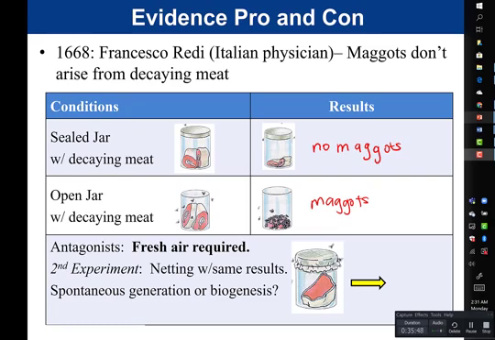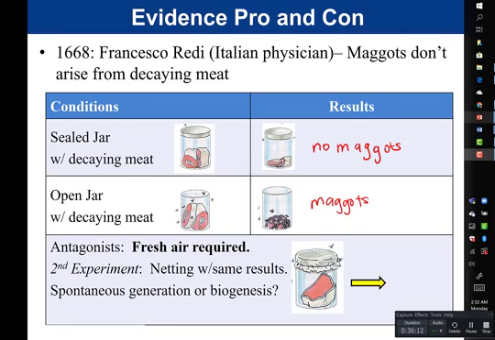So to squash that theory, he did a follow-up experiment, a second experiment, where instead of sealing it so no air gets in, he covered the top with a netting. So air can get in, but the flies can't get in to lay their eggs because the maggots are the larval form of the fly.